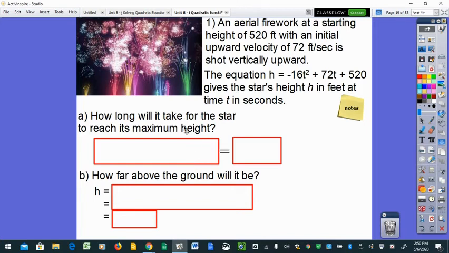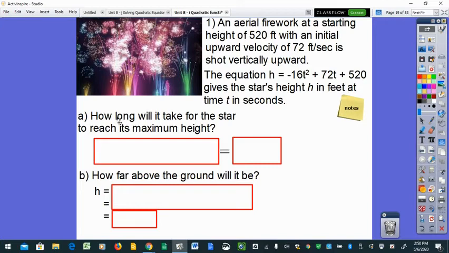It is asking about the maximum point. Since this is a parabola opening downwards, the vertex is its maximum point. The x coordinate, in this case the t coordinate, represents the time it takes to get to that maximum height, and the h of the vertex, the y coordinate, is the height, how high up in the air it is.